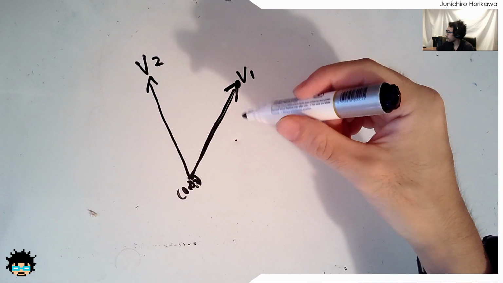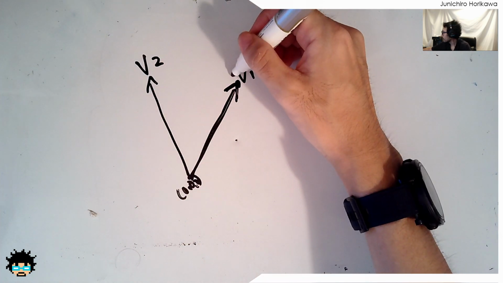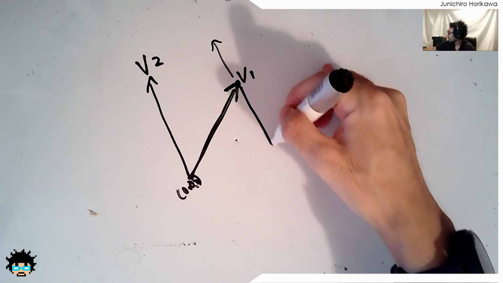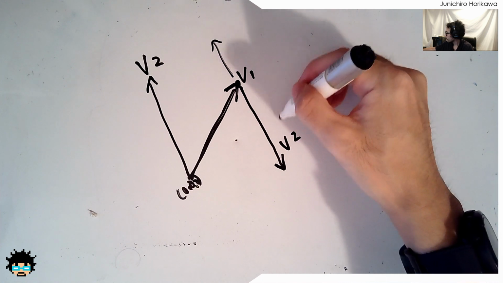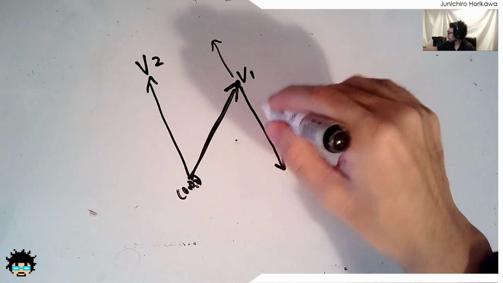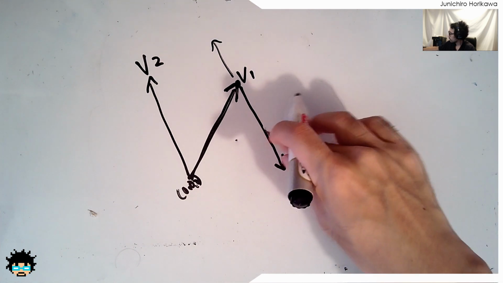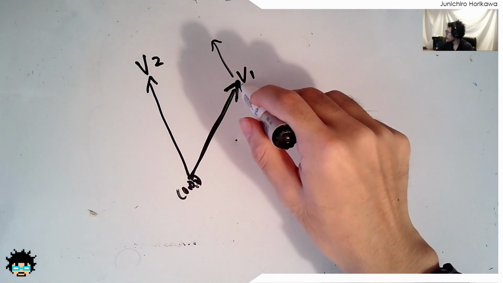Subtracting means going in the other direction of V2, meaning if this is the positive direction, then the negative direction is this way. So this is a negative V2. So this is the result of the subtracting.